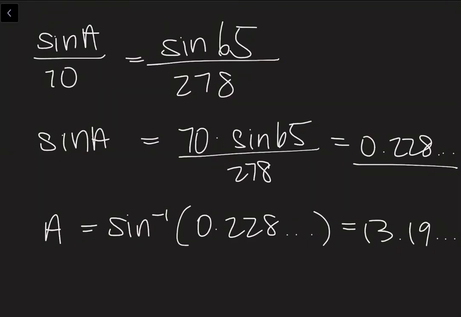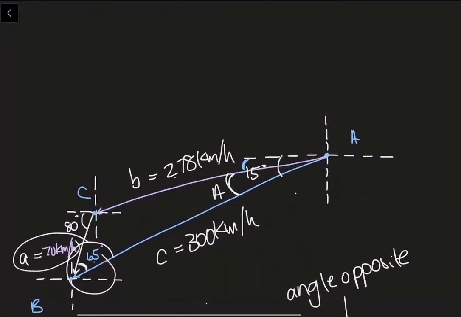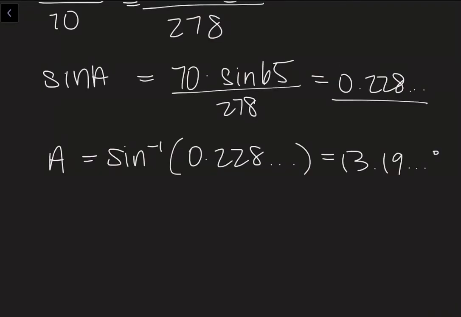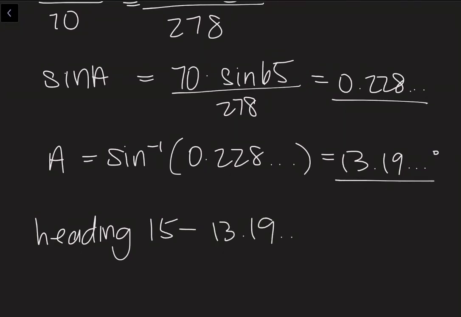Now be careful, angle A is not our final answer, but instead we need the heading, which again is going to be 15 degrees minus A. So our heading is equal to 15 degrees minus 13.19 something degrees, which will give us 1.81 degrees if we just round to 3 sig figs.